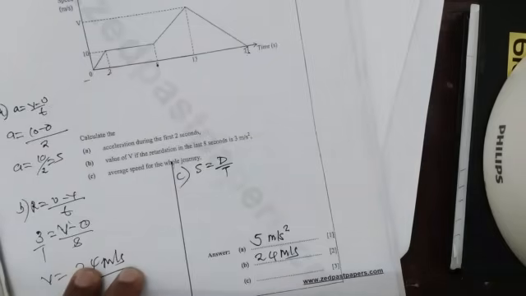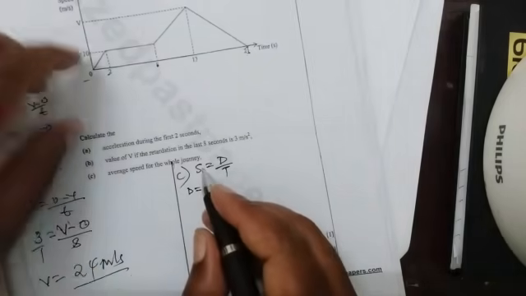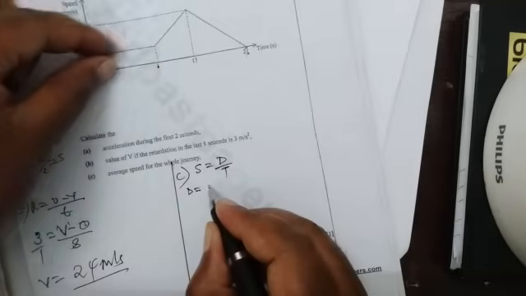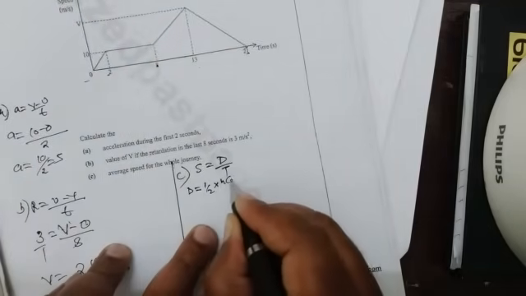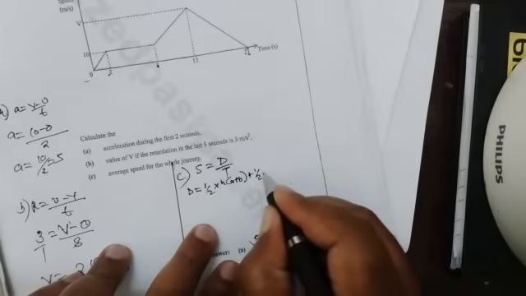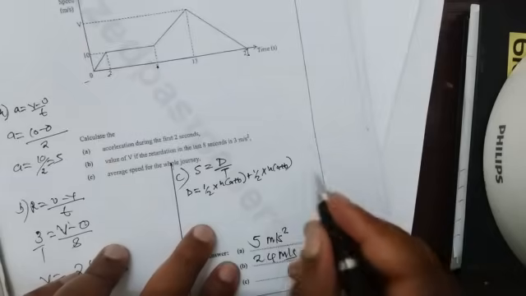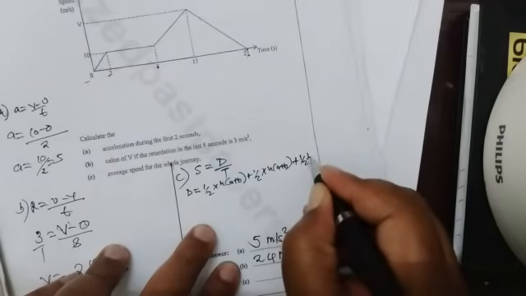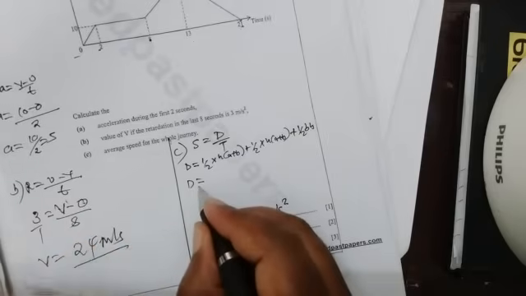So we are going to say distance is equal to this formula here: half times h(a plus b) for this trapezium, plus half times h(a plus b) for the second trapezium, plus half bh for the triangle here.